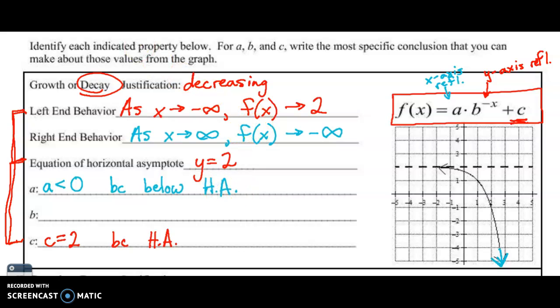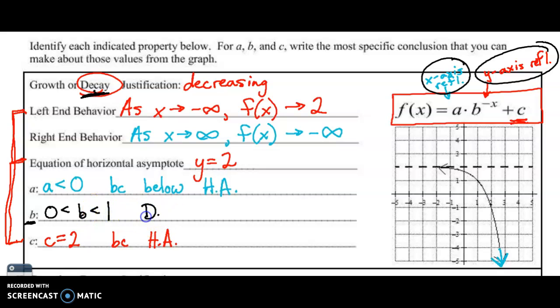And probably the most difficult thing in this problem, this is my opinion, you could disagree, is what can we deduce about the b value? Well, we have a decay problem with 2 reflections, an x-axis and a y-axis reflection. That's why we need this information. So if we have a decay with 2 reflections, then that base must be between 0 and 1.